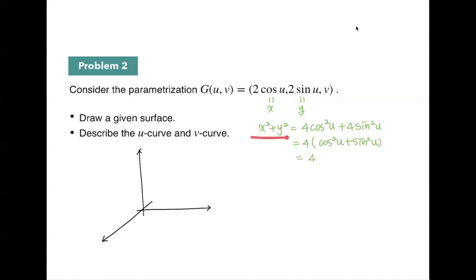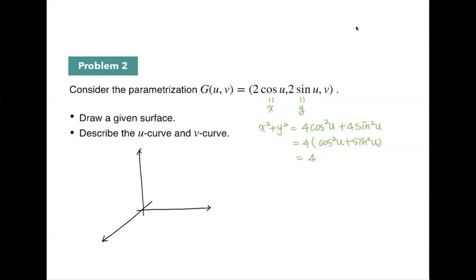So as you can see, this equation implies that it is a circle with radius 2, and its center is 0.